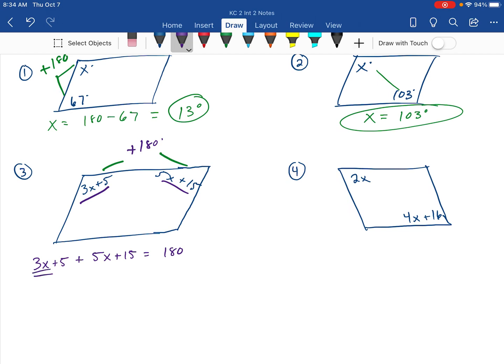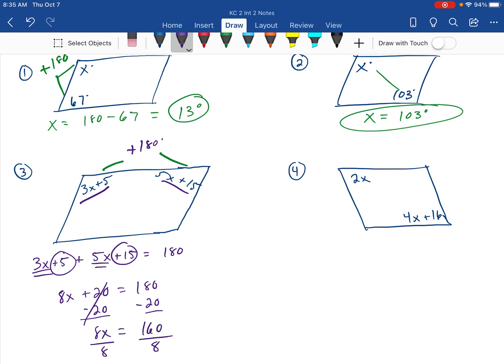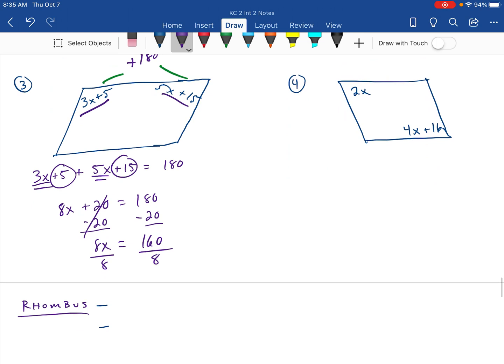So I would combine like terms. 3x plus 5x will give me 8x. 5 plus 15 will give me 20, equal to 180 degrees. Now I would just solve for x. 20 cancels out here. 8x is equal to 160. Divide both sides by 8. So x is equal to 20. And that's it.